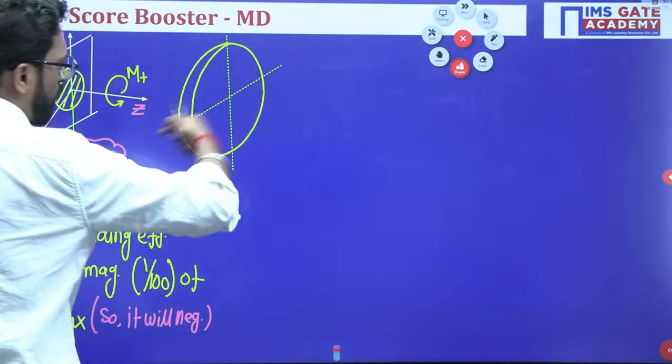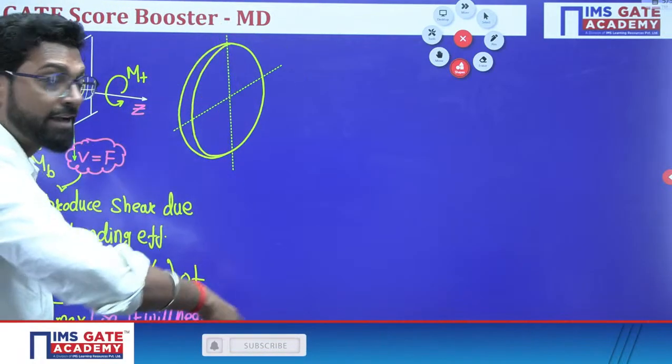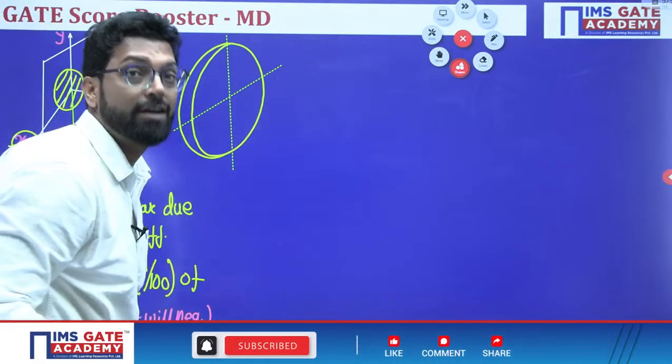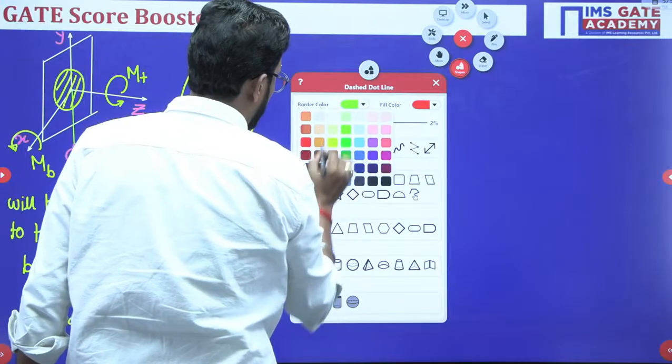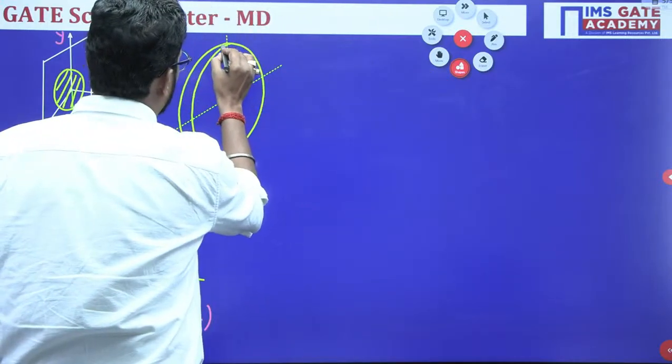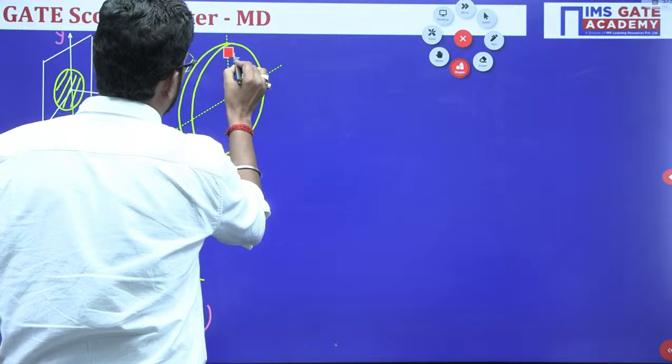So this axis is what? X axis. This axis is what? Y axis. And perpendicular to this one there is a Z axis. So we have to take a different element here, let's suppose this is one element we have to take.